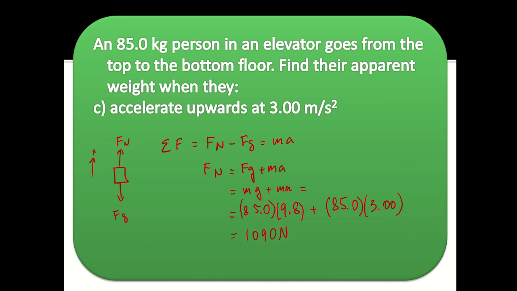So much heavier than the actual weight. Okay? All right, so again, the one thing you have to remember is that apparent weight talks about the normal force, and whenever you have questions dealing with apparent weight, pay attention to the direction of the acceleration because you have to take care of the negative sign in some cases.